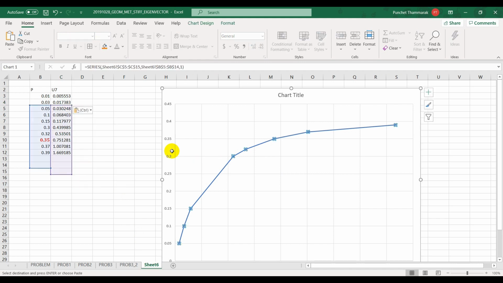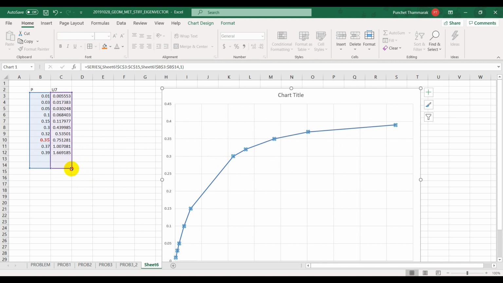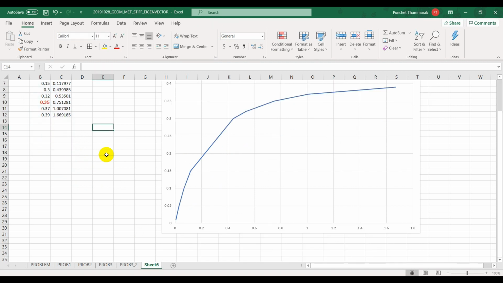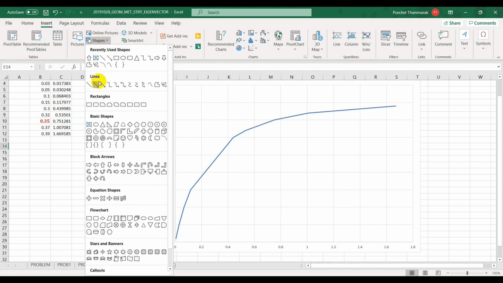And then draw the curve. Okay, so basically if you draw the straight line from the origin and tangent up, that is the linear stiffness of this structure.